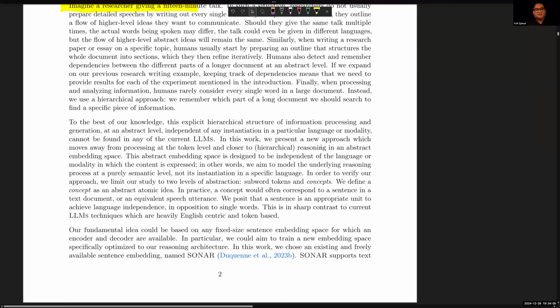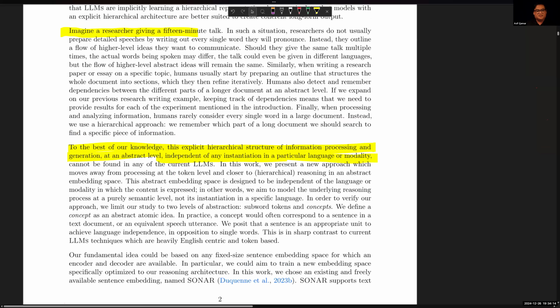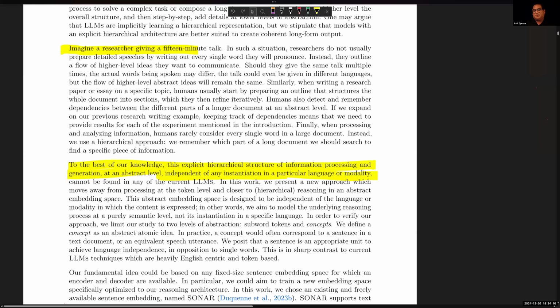And this is the crucial sentence. They say, to the best of our knowledge, this explicit hierarchical structure of information processing and generation at an abstract level, independent of any instantiation in a particular language or modality, cannot be found in any of the current LLMs.